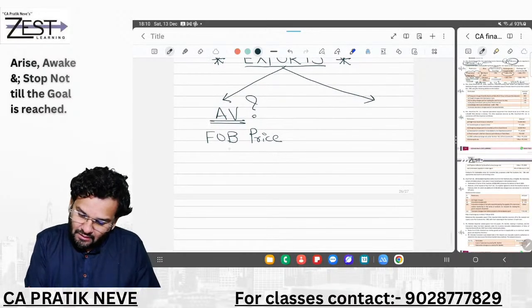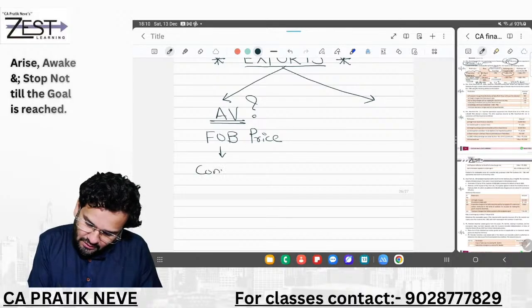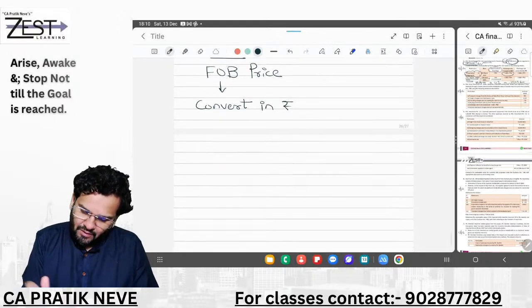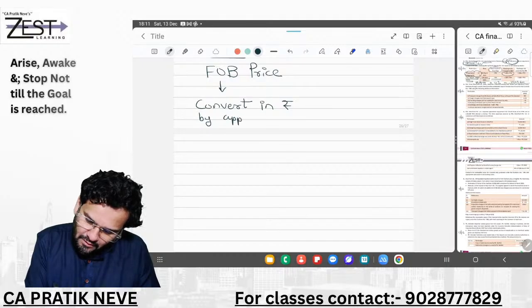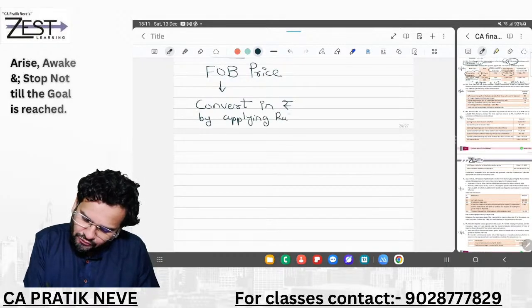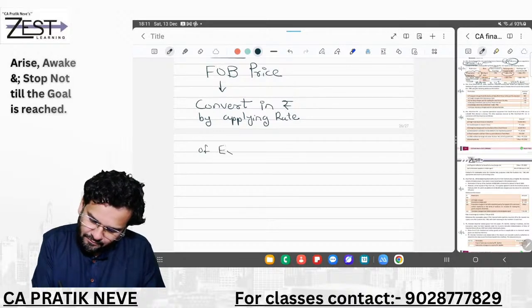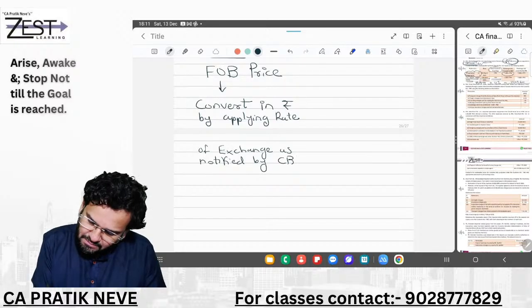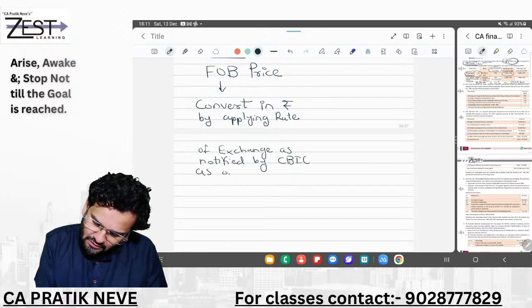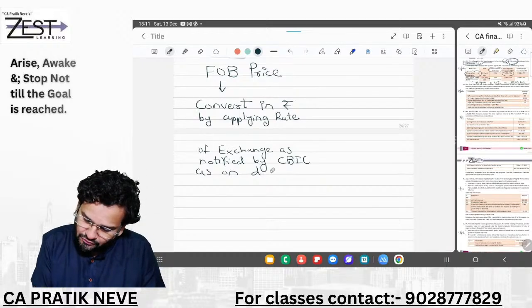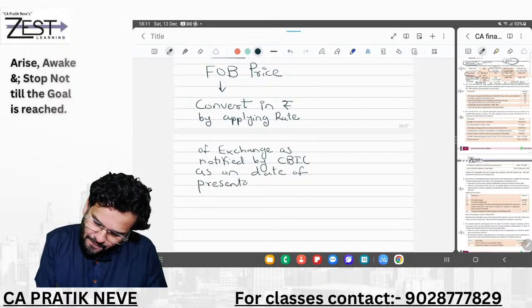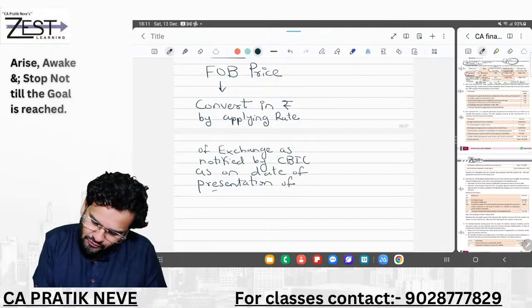But if it is in foreign currency, then convert into rupees by applying the rate of exchange as notified by CBIC as on the date of presentation of the shipping bill.